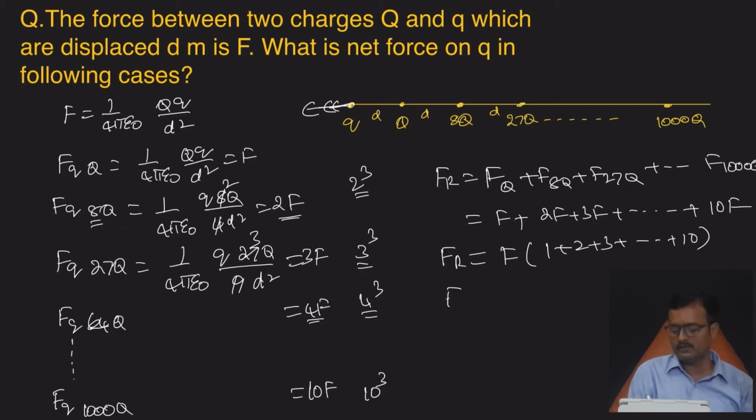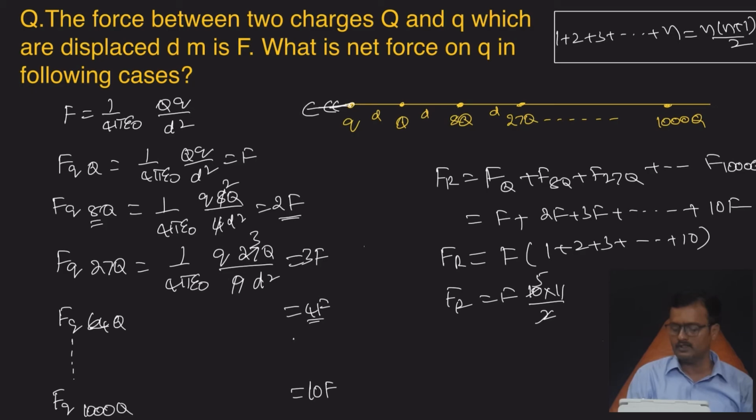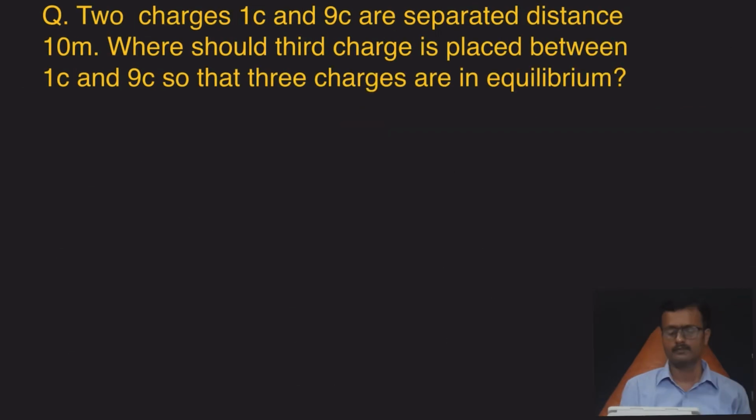This is the resultant force. We know the sum of natural numbers is given by the formula n into n plus 1 by 2. From that formula, what is n here? 10. So 10 into 10 plus 1, that is 11 by 2, so that is 55. So the resultant F is 55F.